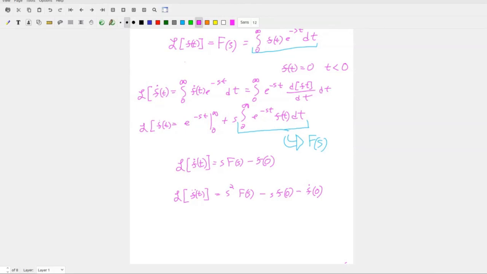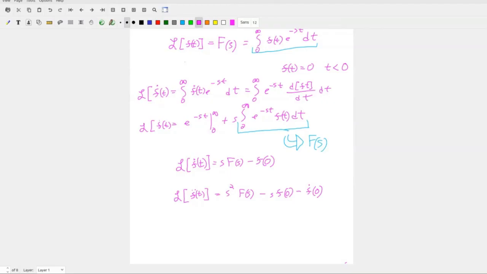Okay, so a few key points on the Laplace transform, right? The domain of the problem changes from the real number line t to the s domain. The integration of a Laplace transform changes differentiation into multiplication. The transform process is linear, right? So therefore, the transform of a combination of two functions is the same as a linear combination of their transforms.